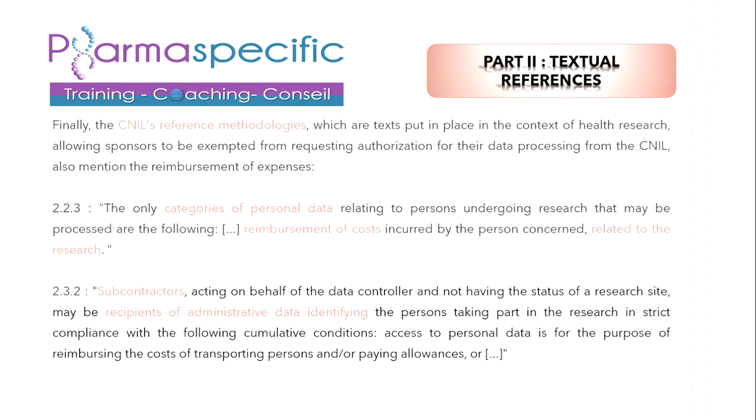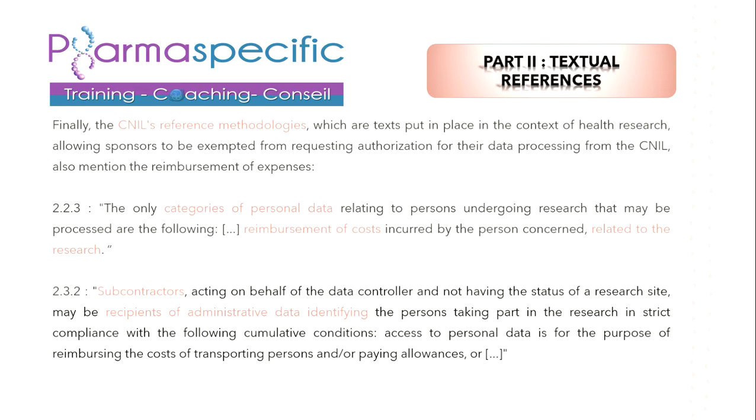Finally, the CNIL's reference methodologies, which are texts put in place in the context of health research, allowing sponsors to be exempted from requesting authorization for their data processing from the CNIL, also mention the reimbursement of expenses. First, in paragraph 2.2.3, the only categories of personal data relating to persons undergoing research that may be processed are the following. So there are many categories, and reimbursement of costs incurred by the person concerned related to the research.